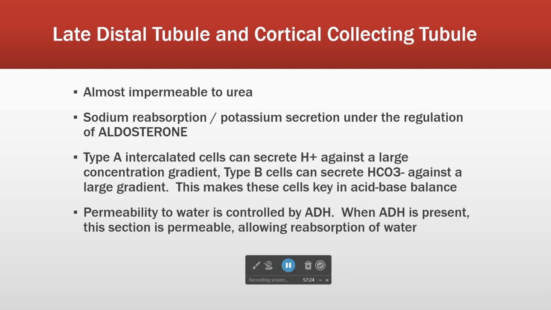It comes from the posterior pituitary, right? So it comes from the brain. It's released in response to changes in osmolarity, like we've talked about. Okay, when ADH is present, the distal tubule collecting system is permeable to water. When ADH is absent, it's impermeable to water.